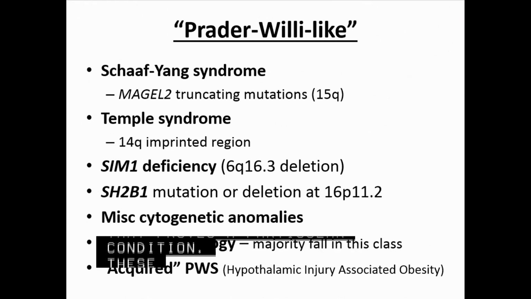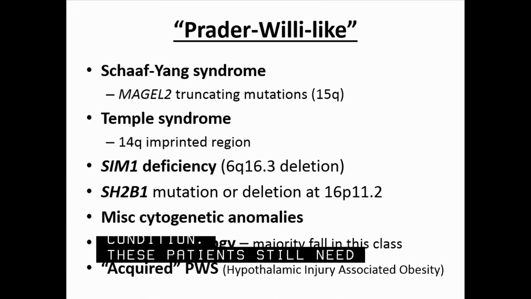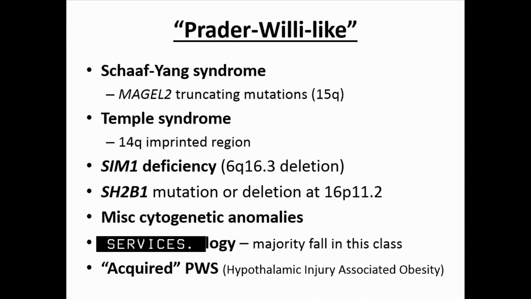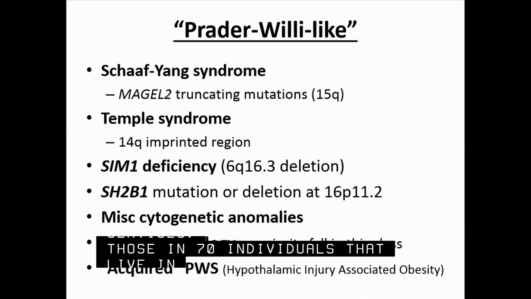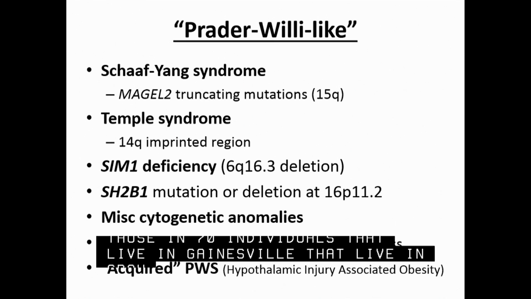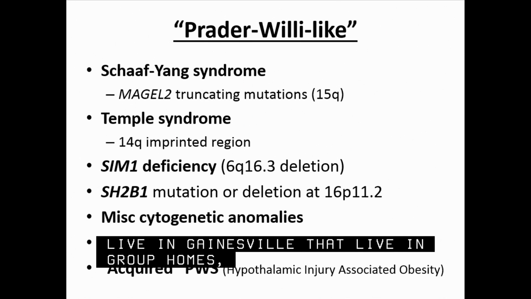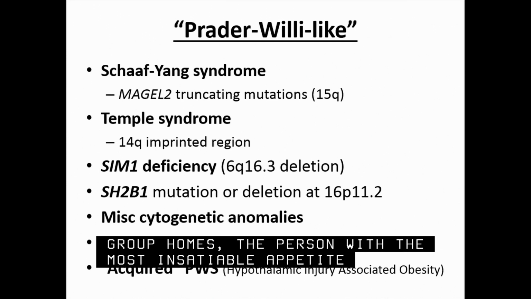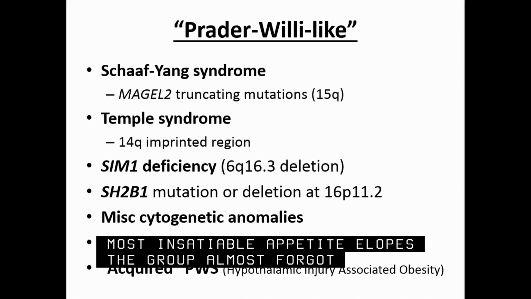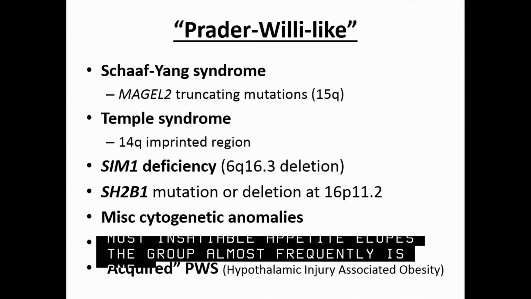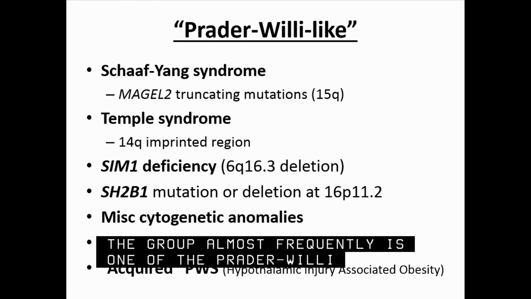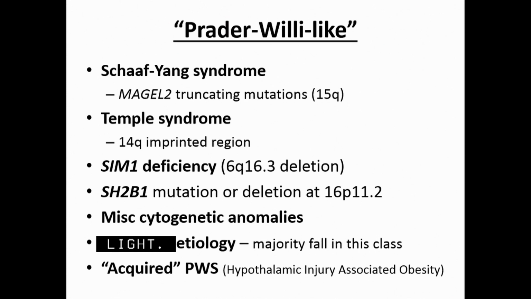So those 70 individuals that live in Gainesville, adults that live in group homes, the person with the most insatiable appetite that elopes, in other words, leaves the group home without permission the most frequently actually isn't one of my Prader-Willi patients, it's one of my Prader-Willi-like. And so a number of people on my boards feel it's important to have a separate code for them. You don't want the same code as Prader-Willi because the genetic testing is going to be different, but a code.